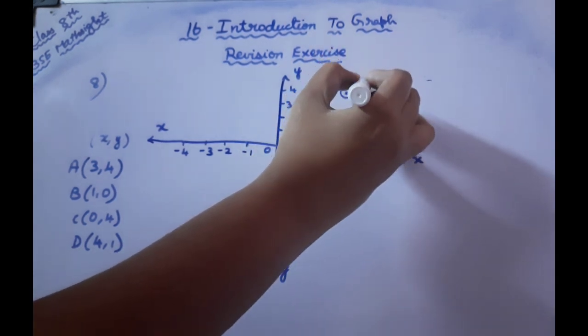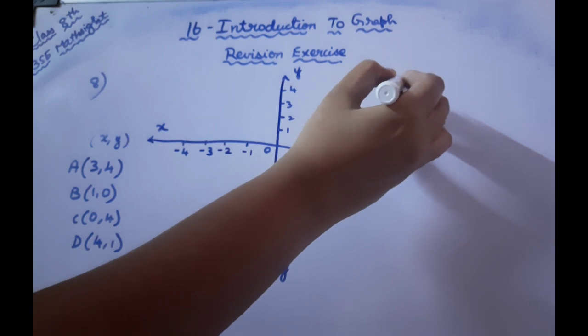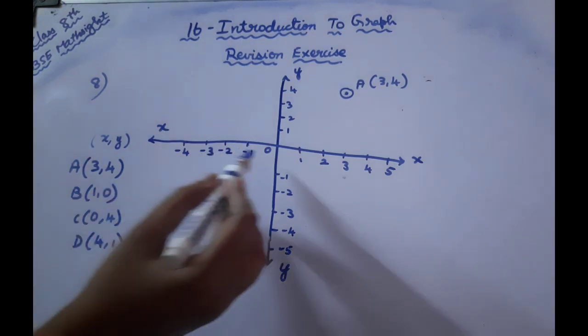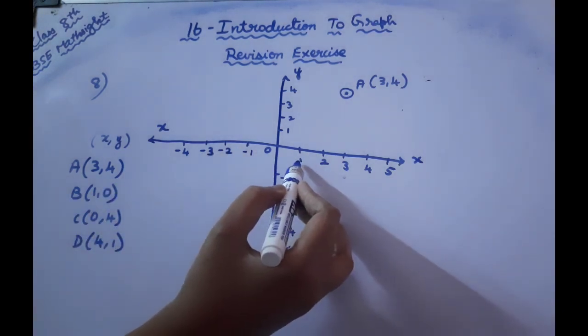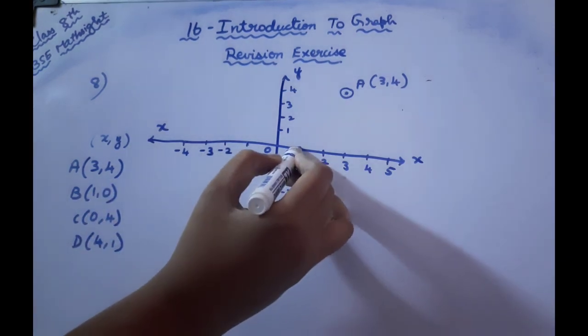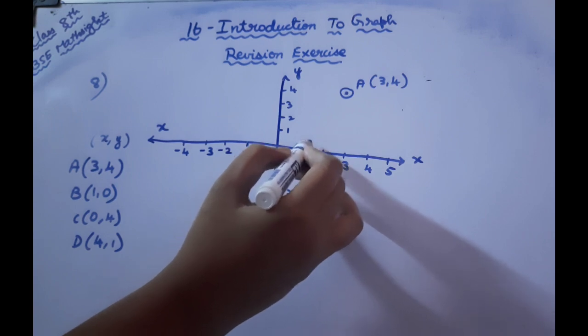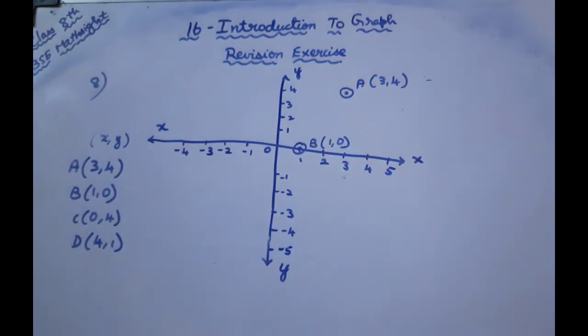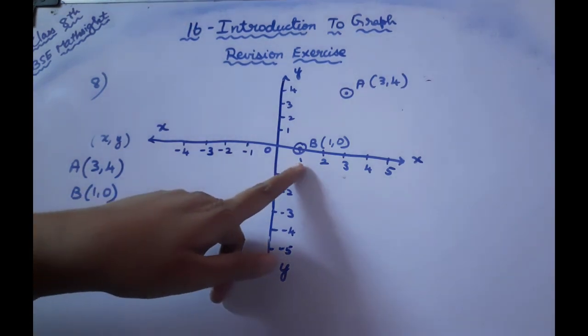So this is point A, which is (3, 4). Next we have point B, which is (1, 0). So on the x-axis we have 1. Since y is 0, we plot the point B on the x-axis. (1, 0) will be on the x-axis.